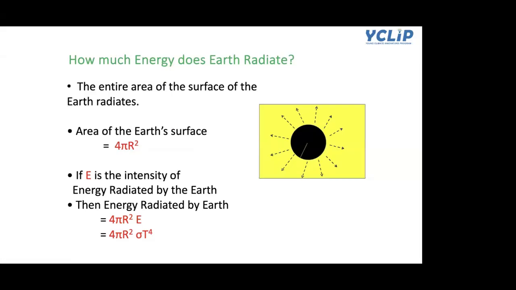So we have talked about the sun's radiation reaching the earth and how the earth absorbs it, before I brought in the radiation loss. Now, how much energy does the earth also radiate? For radiation, it's not about part of the body. Every part of the body of any object radiates energy at the same time.